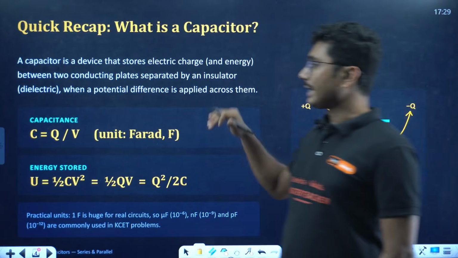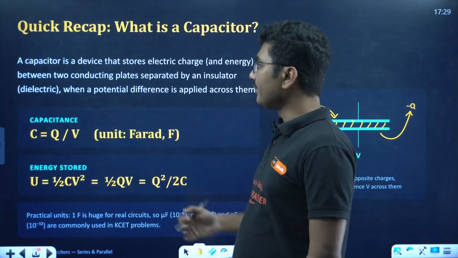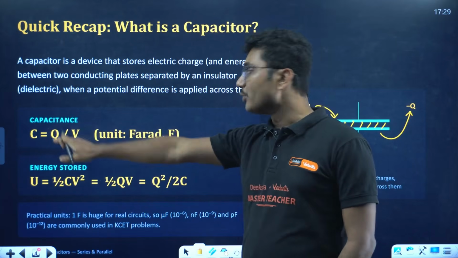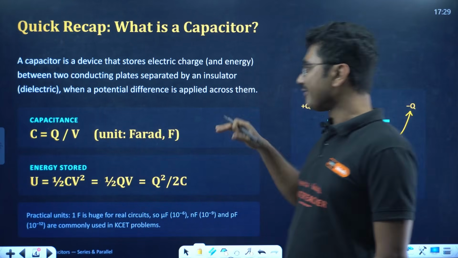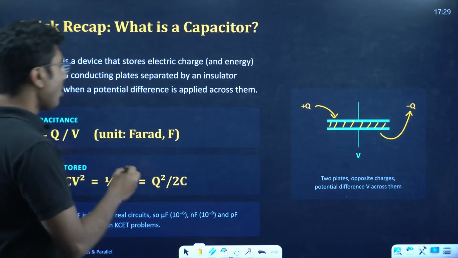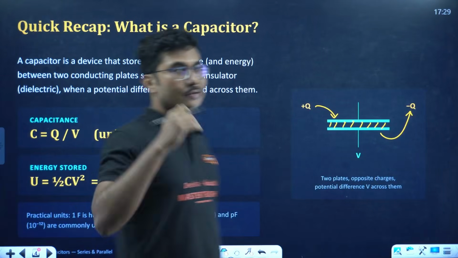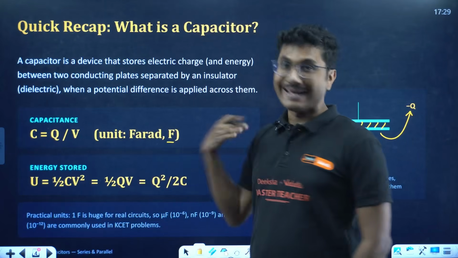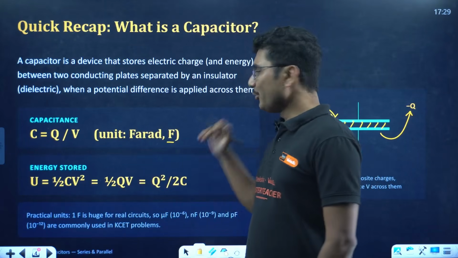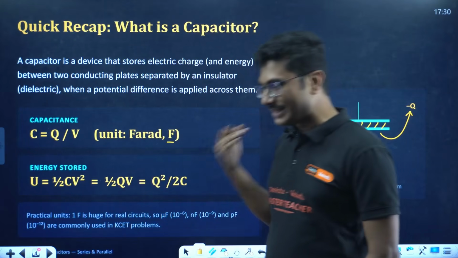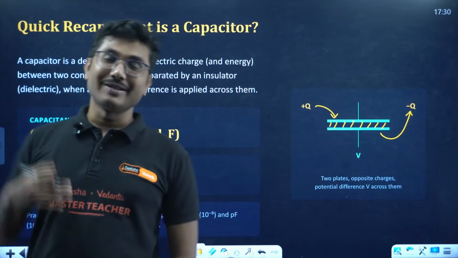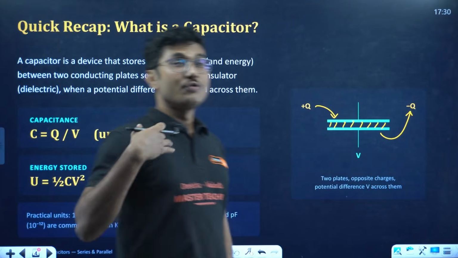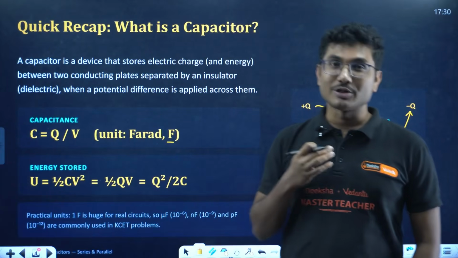The capacitance formula is given by C is equal to Q upon V. Its unit is farad, or F. Here you can write farad with a capital F, because Faraday is the name of a person. In many units we generally do not write the first letter capital, for example for force we write newton with a small n.